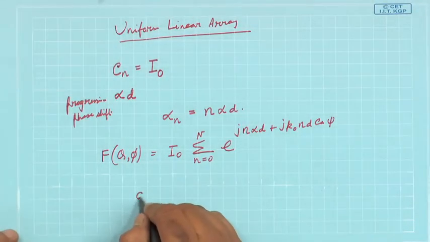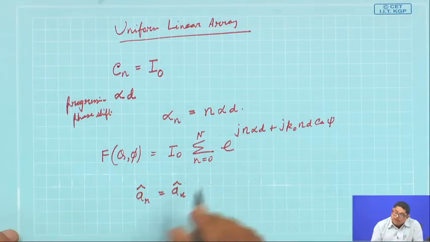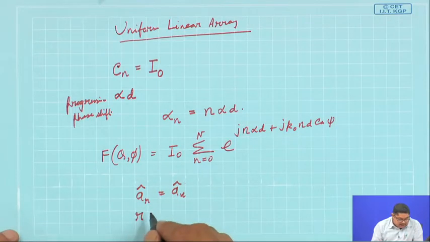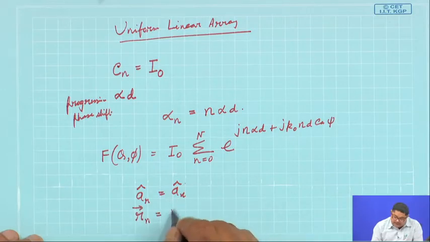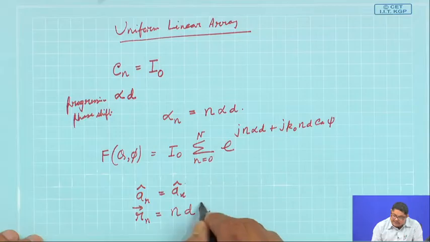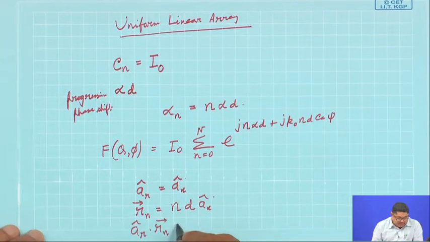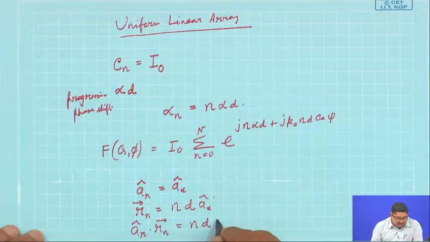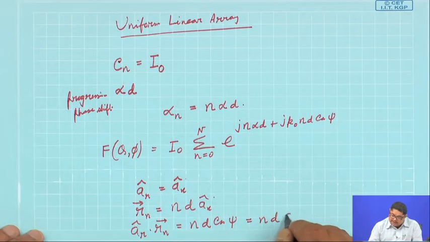In this case, a_R is equal to a_x and r_i, or you can say r_n, will be n d a_x. So, a_R dot r_n is equal to n d cos psi, and that is equal to n d, can I write, sin theta cos phi?